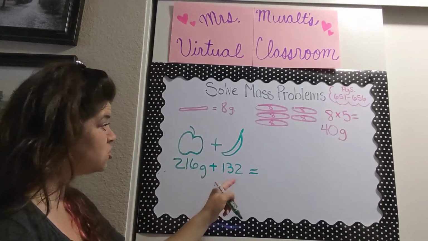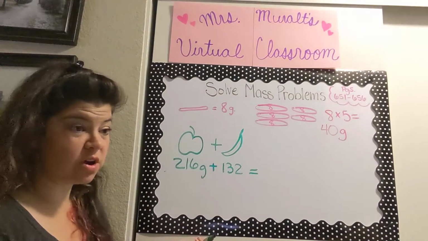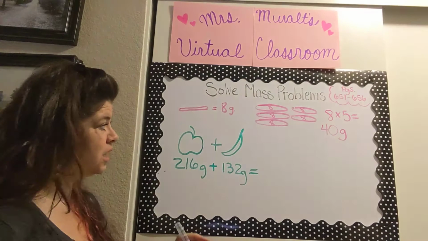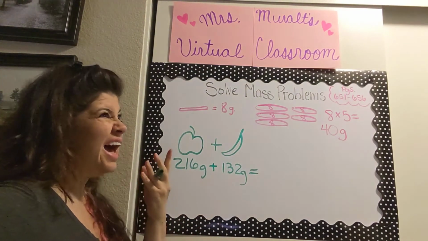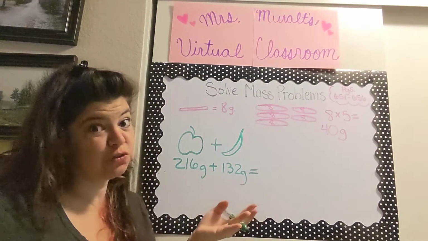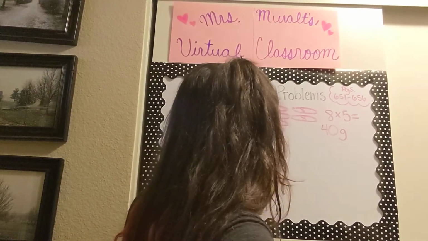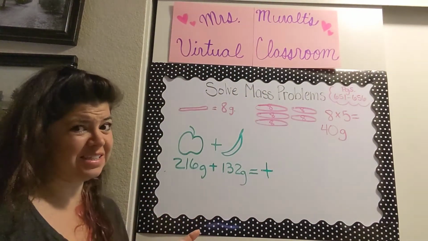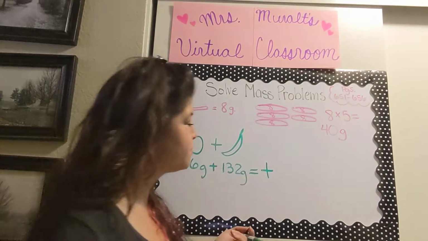So we've already established our equation as we're drawing our picture. So we're going to add these two and we're going to see what it comes up with. And let's use the letter T because we're looking for a total. I like to write my stuff up and down. It makes it the easiest for me. You don't have to.